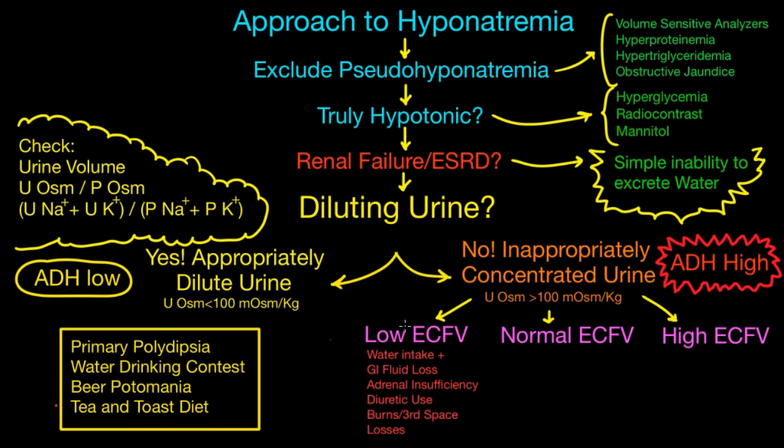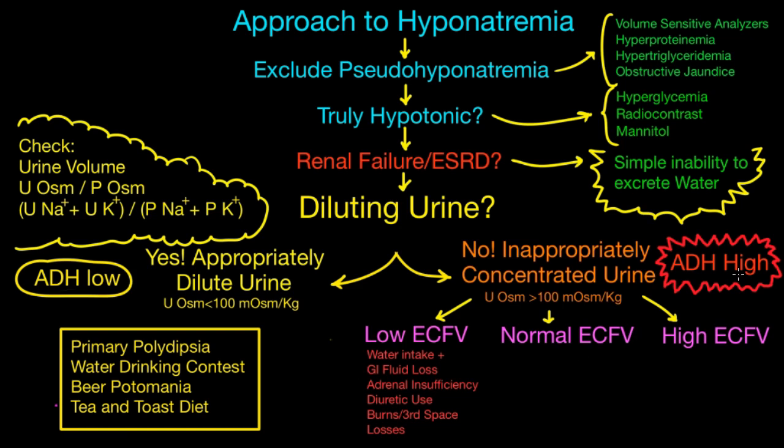So for patients who have low extracellular fluid volume, so these are people who have hypovolemic hyponatremia. Remember that ADH is secreted in response to low perfusion. So if the patient's hypovolemic, perfusion is impaired, and ADH, also known as vasopressin, is released. And so the prototypical example is a patient with GI fluid losses, let's say severe diarrhea, but they replace fluid losses with pure water.